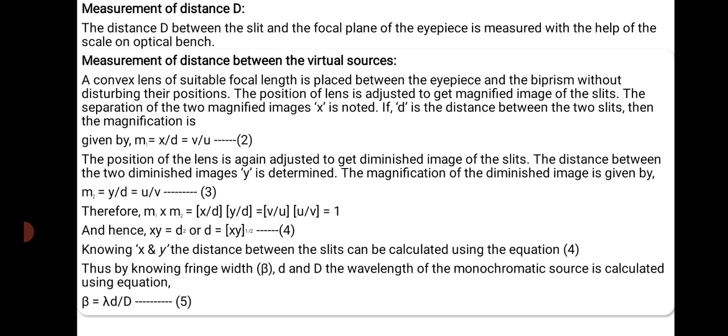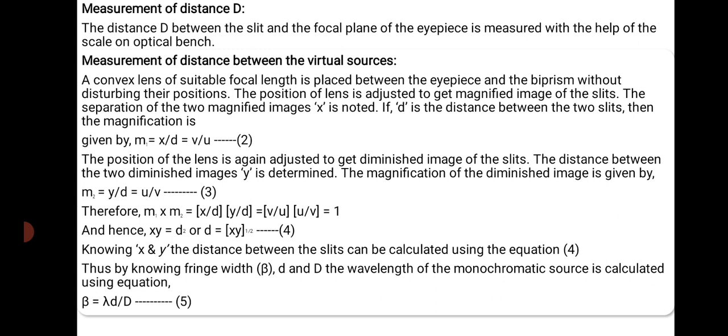Measurement of distance D. The distance D between the slit and the focal plane of the eyepiece is measured with the help of a scale on the optical bench. Measurement of distance between the virtual sources. A convex lens of suitable focal length is placed between the eyepiece and the biprism without disturbing their position.